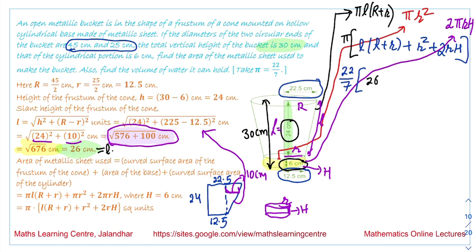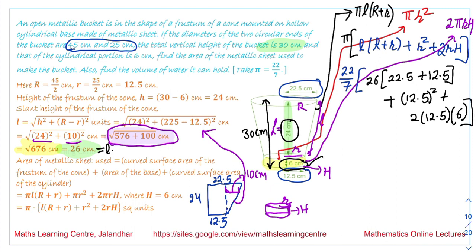So it is 26 into capital R plus small r, that is 22.5 plus 12.5, plus small r square, which is 12.5 square, plus 2 into 12.5 into the value of capital H, which is 6.